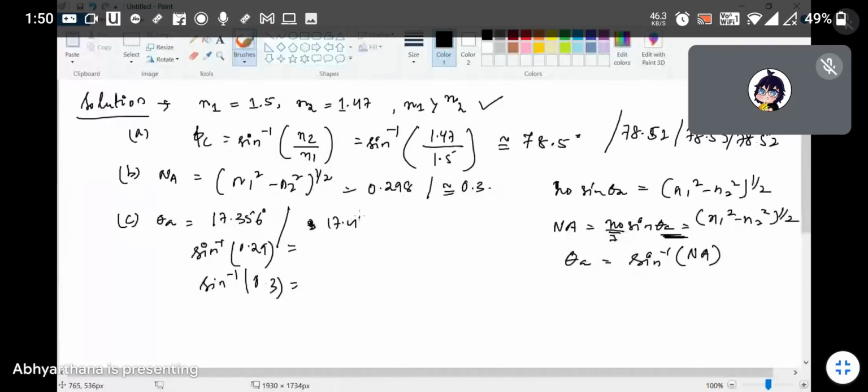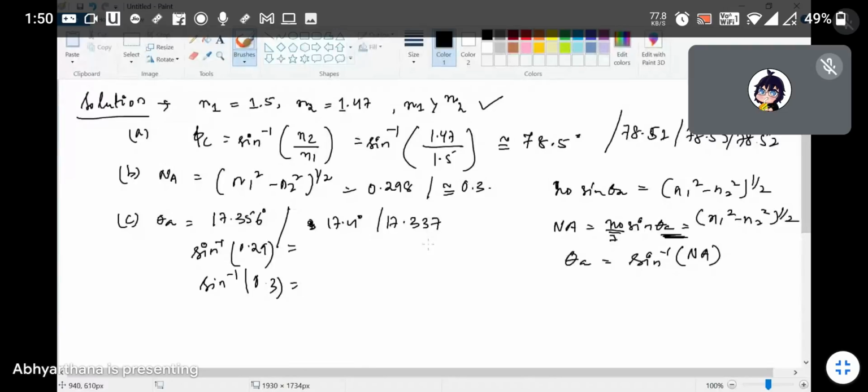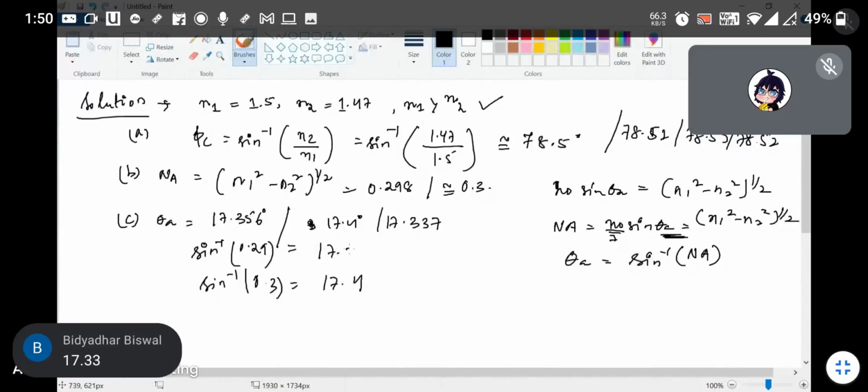So 17.4 or 17.337. Approximately we can write any of them. Those who have taken 0.3 will be getting 17.4, and for the other you'll be getting 17.356 and so on.